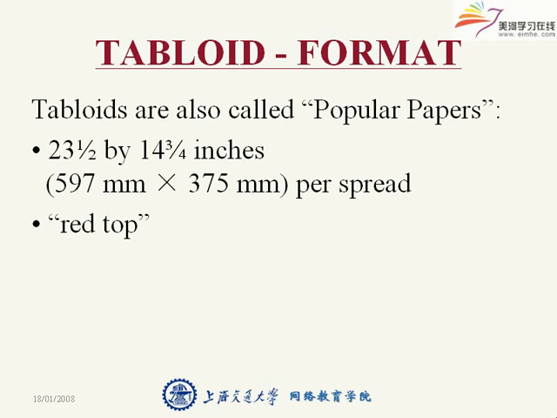Now, the term tabloid can also refer to a newspaper that tends to emphasize sensational crime stories, gossip columns, and stories about the personal lives of celebrity and sports stars, and we call that junk food news.